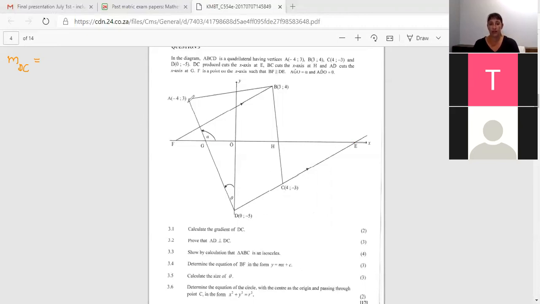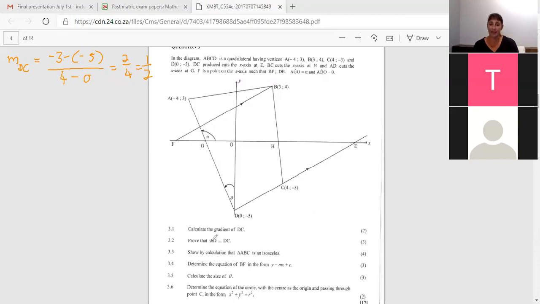Y2 minus Y1, so minus 3 minus 5, use the bracket, over x2 minus x1, 4 minus 0. That minus 3 plus 5 is 2, which is over 4, and that is a half. Okay, so the gradient is a half. Calculate the gradient of DC, is that one.